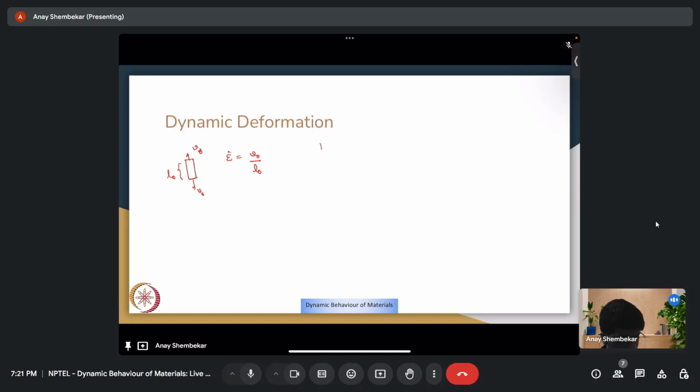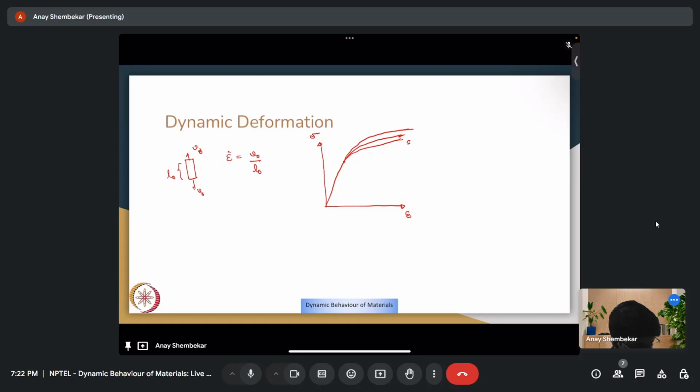If I then draw the plot of stress versus strain for uniaxial loading condition, what I see is the flow stress begins beyond the yield point. I see a variation in instantaneous flow stress, and I also see a variation in the amount of ductility that is seen for the strain rate.